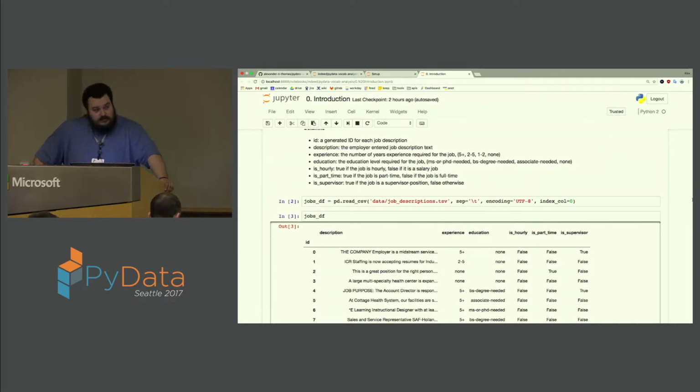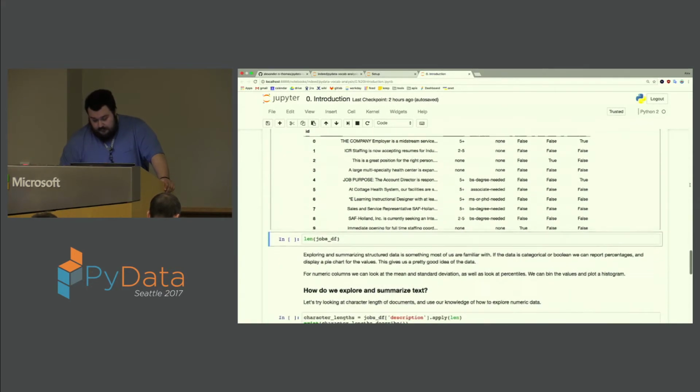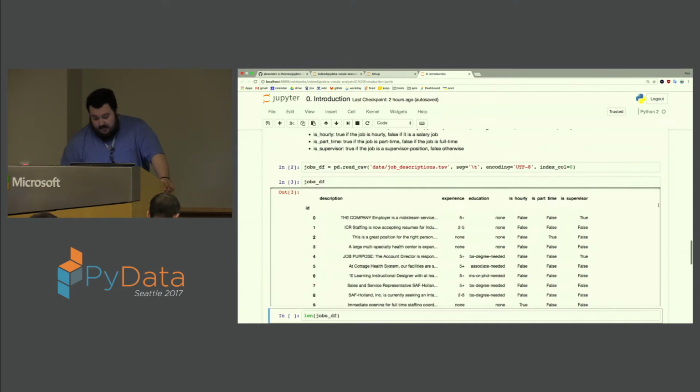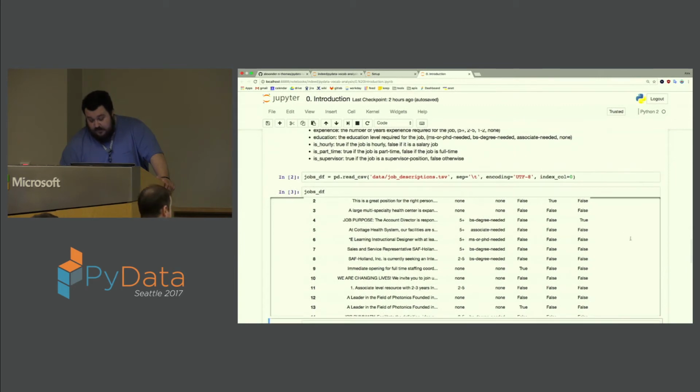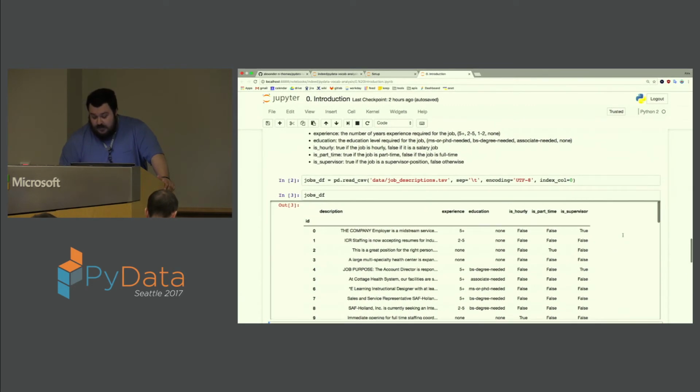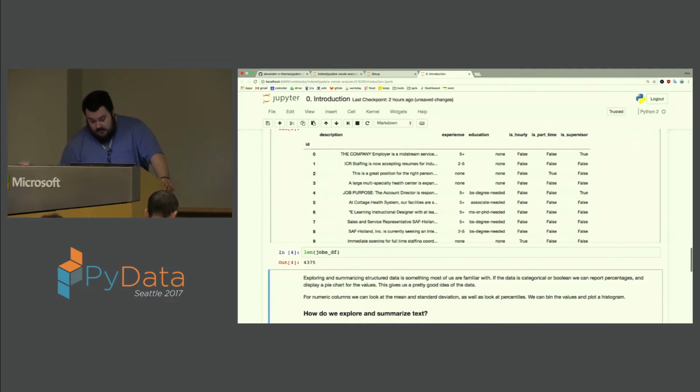Is the job hourly? Is the job part-time? Is the job a supervisory position? So here we see that for some of them, there's no experience required or no education needed. The other ones, these are categorical variables. These are Boolean variables, or columns, I should say. So we have 4,300 jobs.